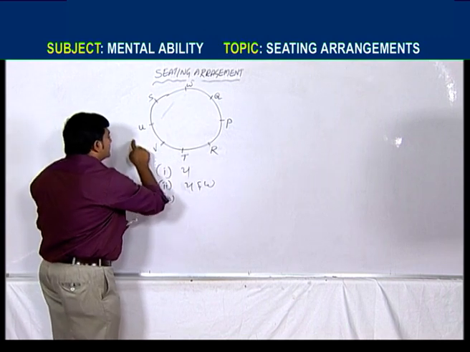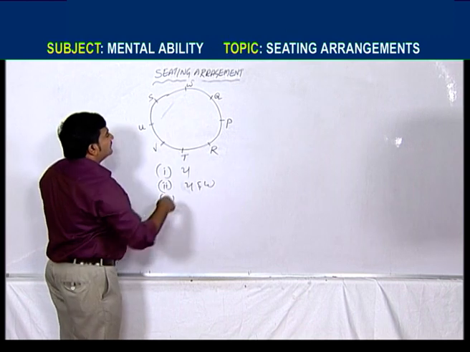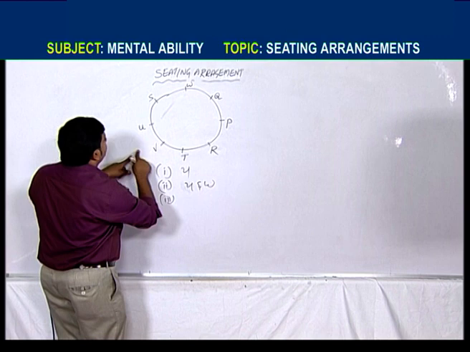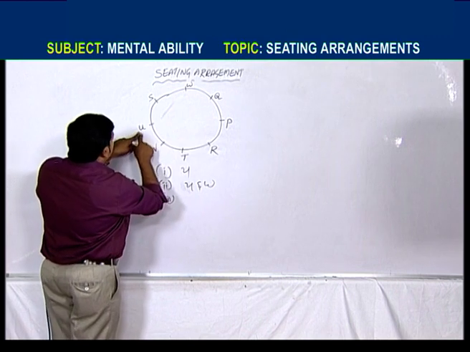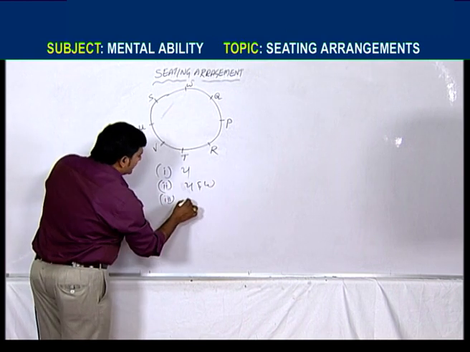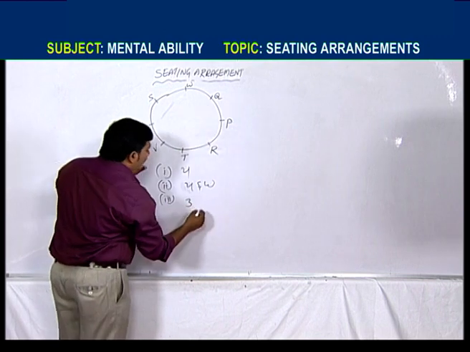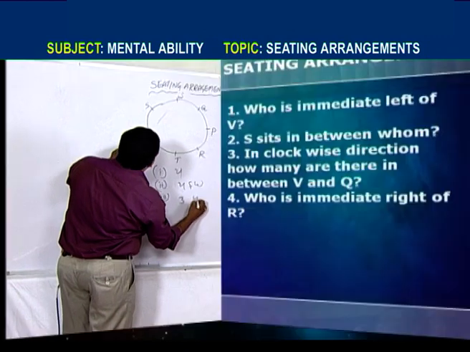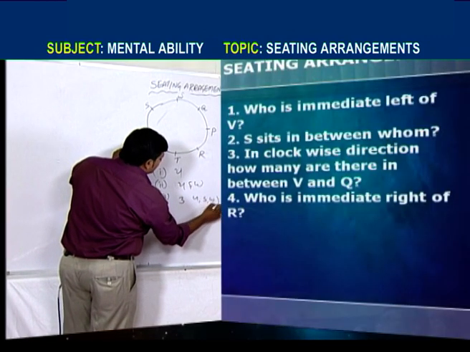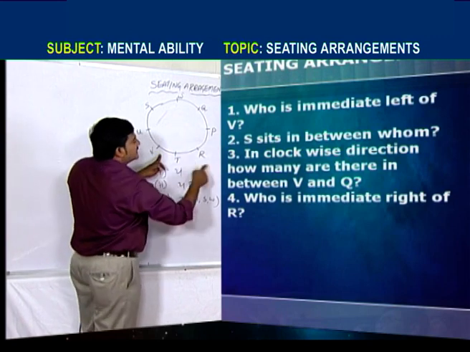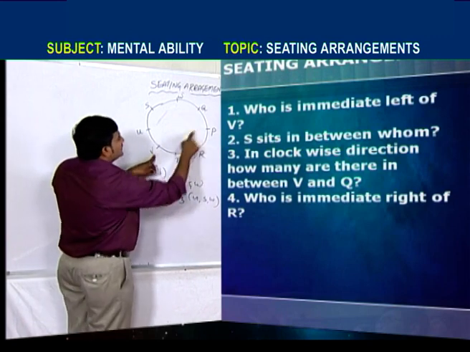So in clockwise direction, in between V and Q, how many are there? U is there, S is there, W is there. Hence, there are 3. They are U, S, W. Unfortunately for this question, even in anti-clockwise, how many are there? 3 are there. Here V is there, Q is there.